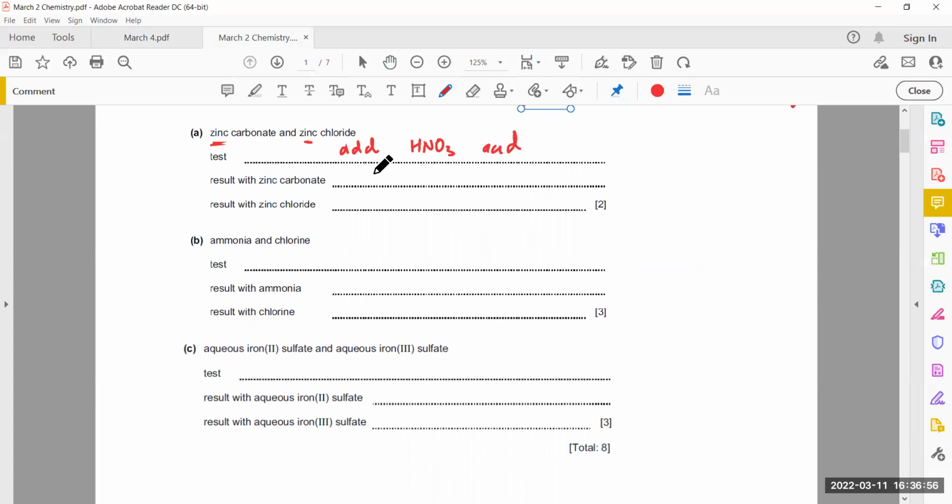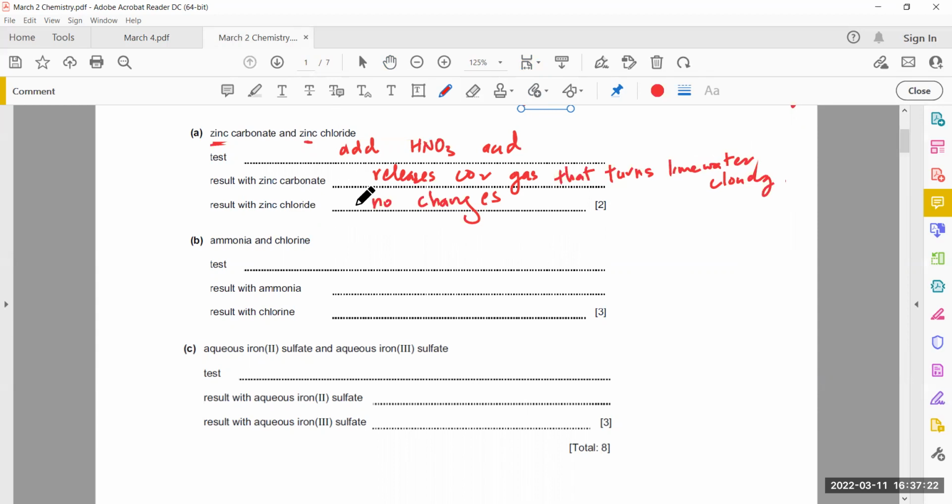It releases carbon dioxide gas that turns lime water cloudy. This one, no changes. Okay?